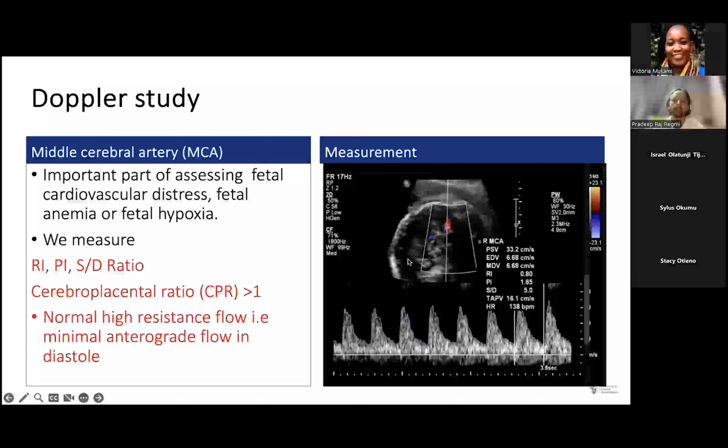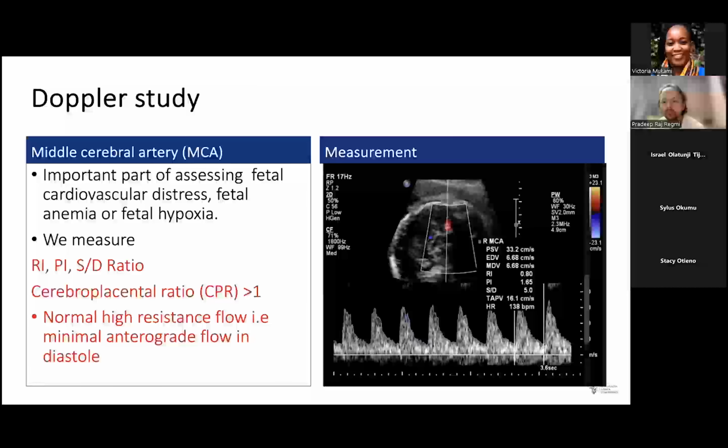And another is middle cerebral artery Doppler. We usually do it in combination with the umbilical artery, and we determine the cerebroplacental ratio. If the ratio of the PI, pulsatility index, of the middle cerebral artery and umbilical artery is more than 1, then it is normal.